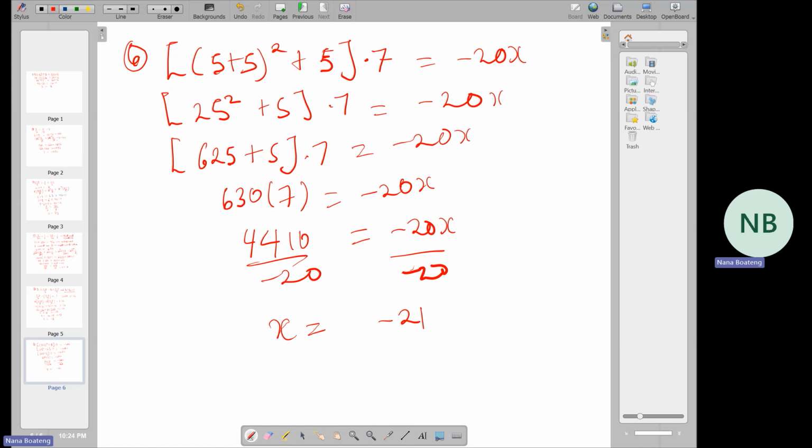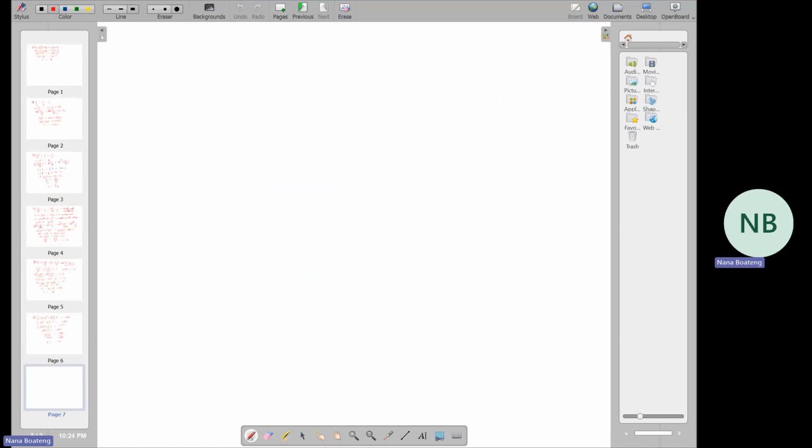All right, so the last example that we would like to look at is also a rational equation like we have seen before.